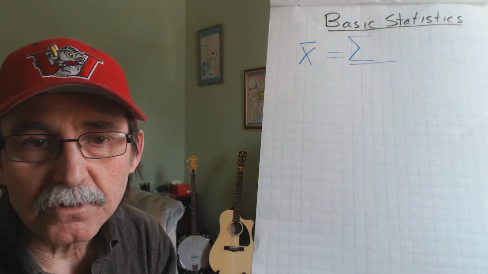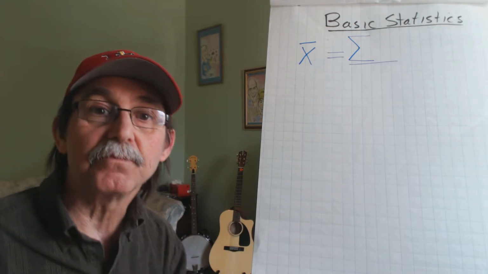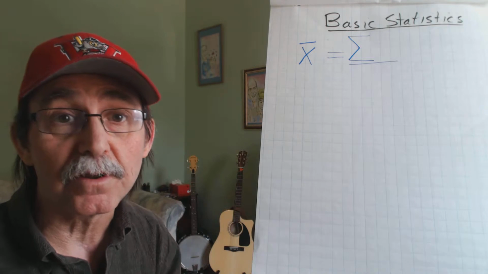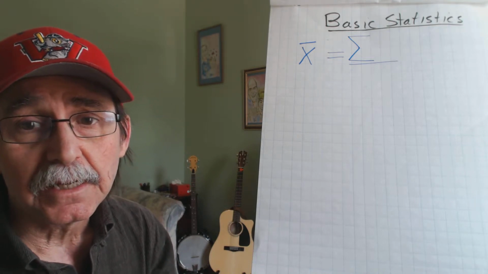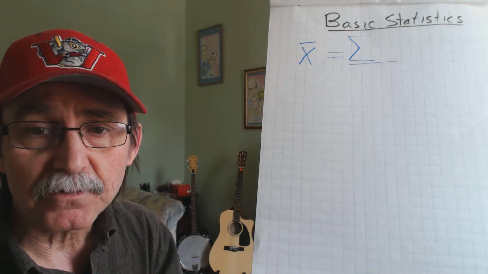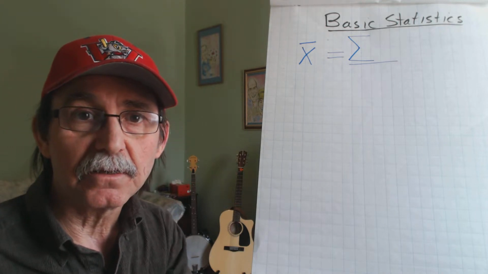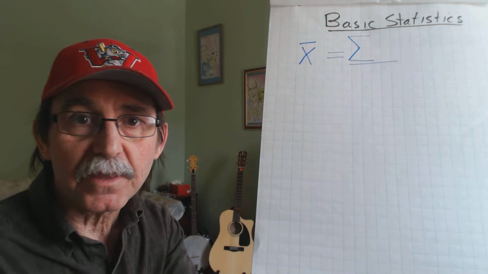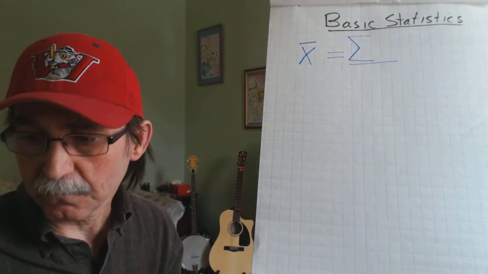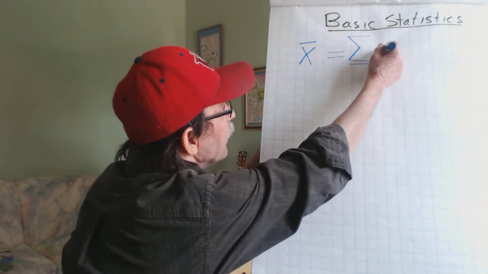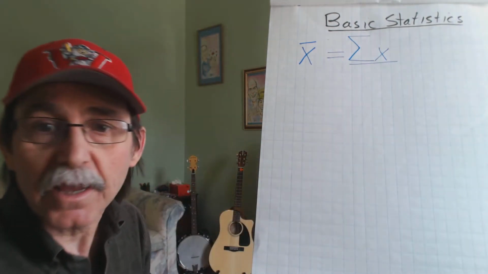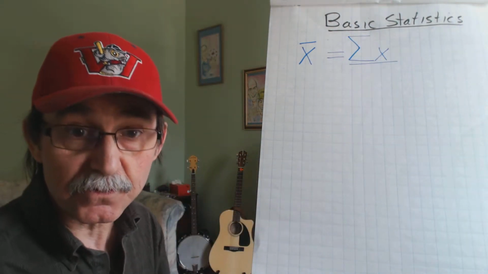If you look on your scientific calculators, you will probably see that symbol on one of the buttons, and that symbol is very powerful. Whenever you see that symbol, it means you take everything and add it up. So what is it you're adding up? Well, we're adding up all the individual x's, all the individual scores.